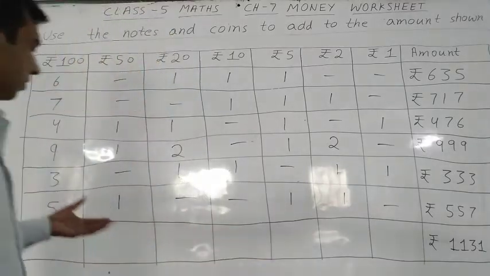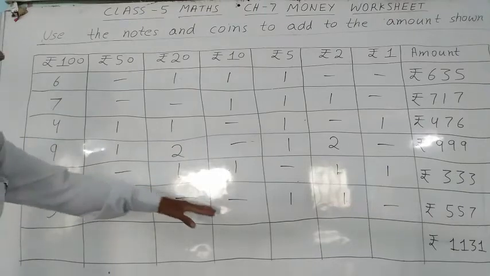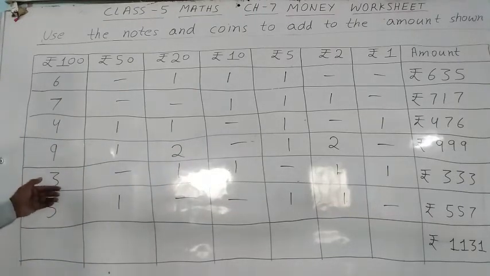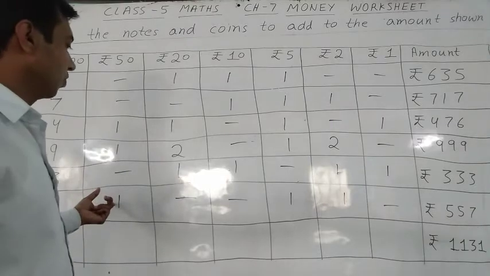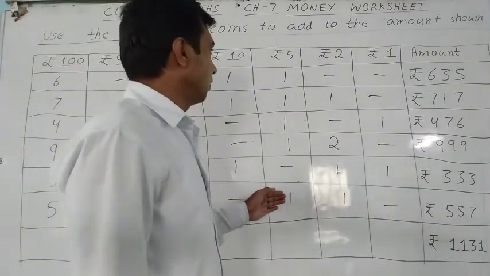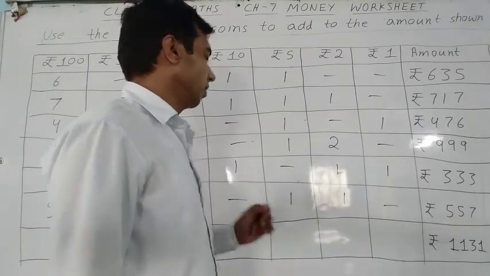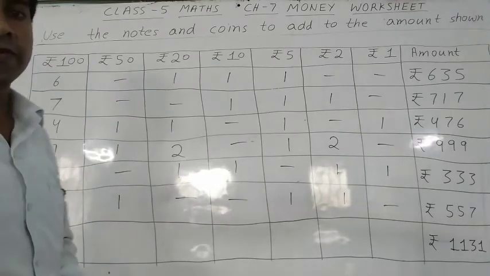But this is the easier way. If we have a 50 rupees note, why will we use these 20 and 10? So student, 5 notes of 100 rupees, 5 into 100, 500, and 1 50 rupee note, 1 5 rupee coin, and 1 2 rupee coin. So 5 plus 2, 7, 557 student.